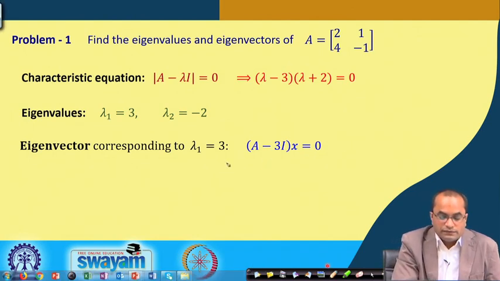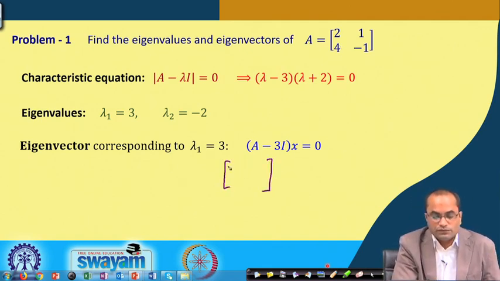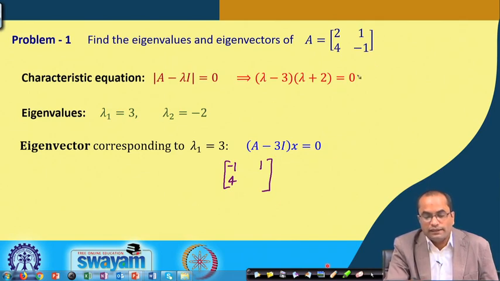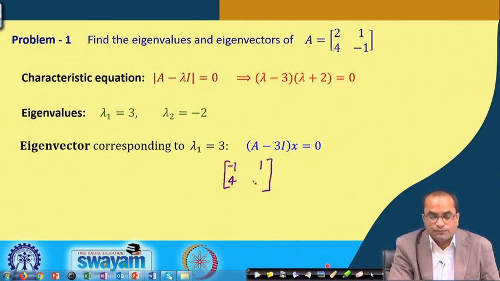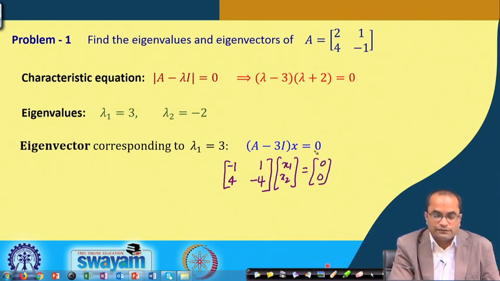So here A minus 3 I. A was 2 here. If we subtract 3 from the diagonal entries, we will get minus 1, here 1 and here 4, and this is minus 1 and then minus 4. Then we have x 1, x 2 for x, it has 2 components, and the right hand side is the 0 vector.